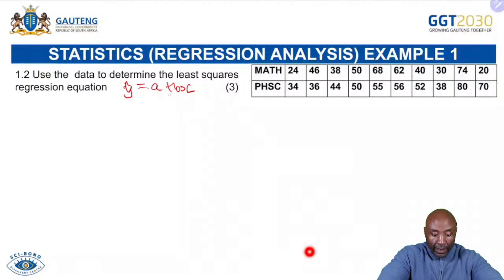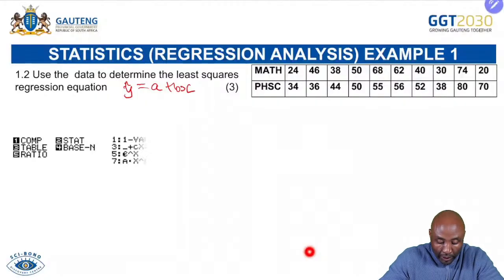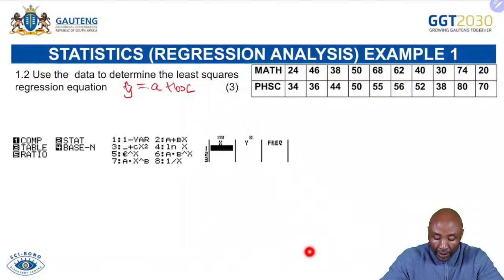From our calculators, I asked you to add this information in your calculator so that we'll use it as we do this example together. So that's how we did it. And then we had this screen appearing. Depending on whether your frequency on your calculator is on or off, you will have your X and your Y values.